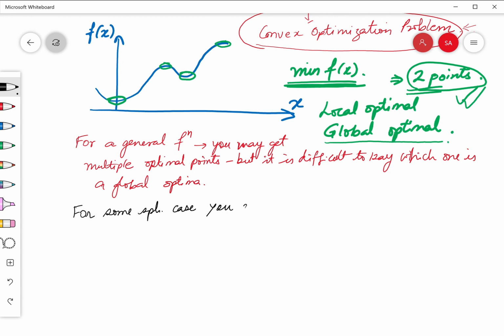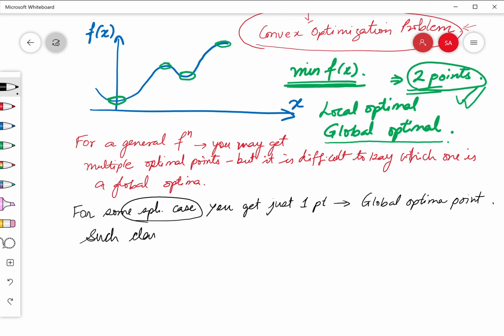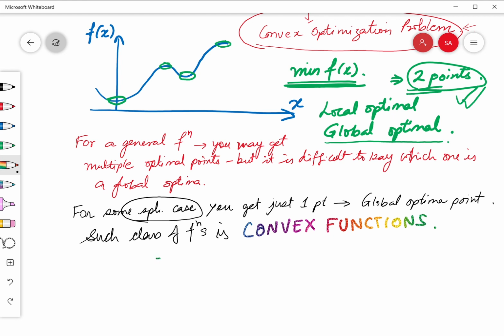And one such class of functions is convex functions, or in other words, you can write it as a convex optimization problem.